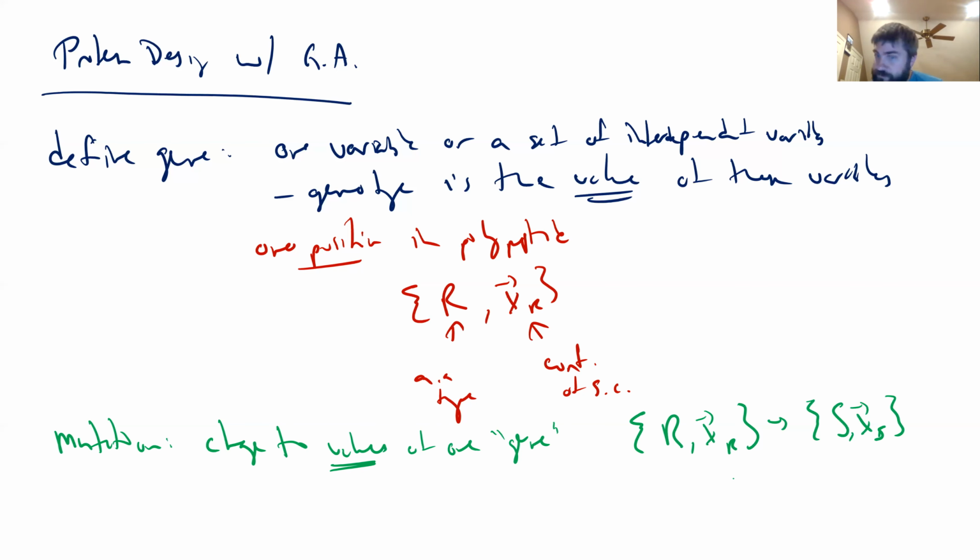Another type of variation that we could make would be a change that maintains the identity of the amino acid, but changes to some new conformation R prime, which changes the conformation of an amino acid without changing the identity.